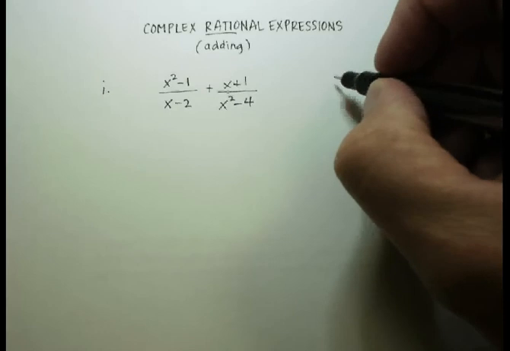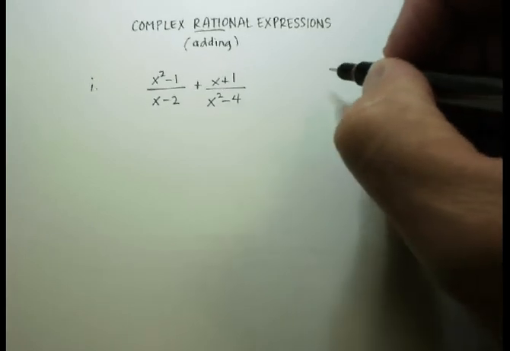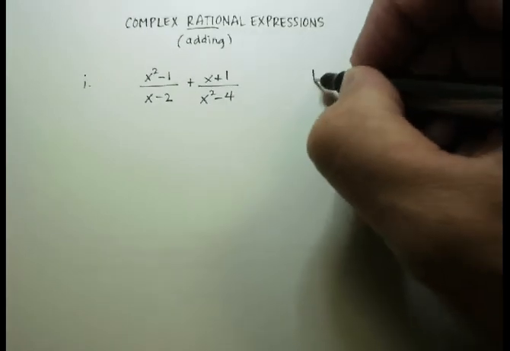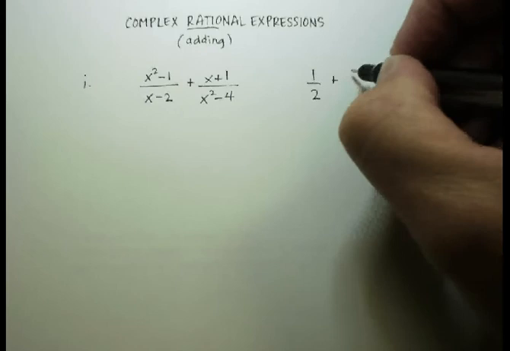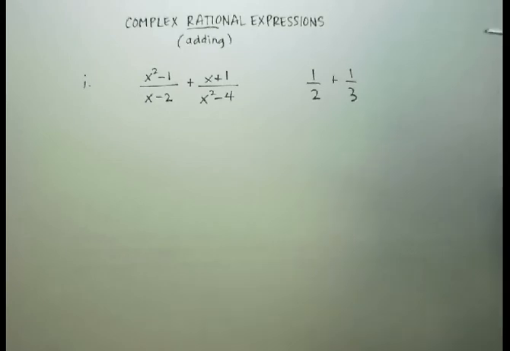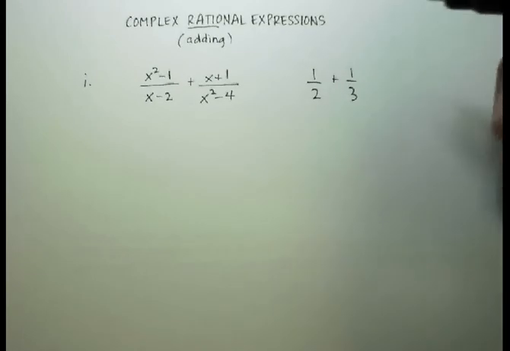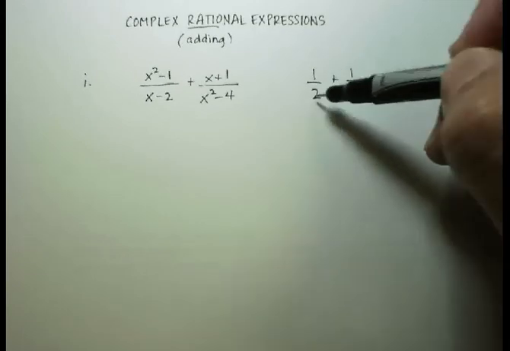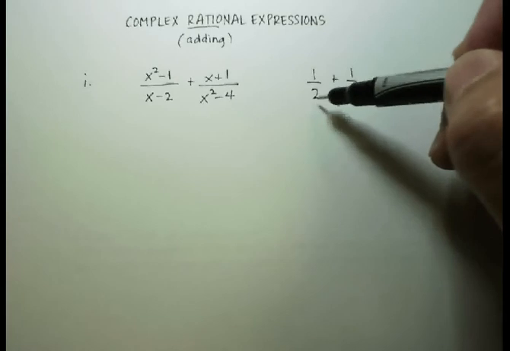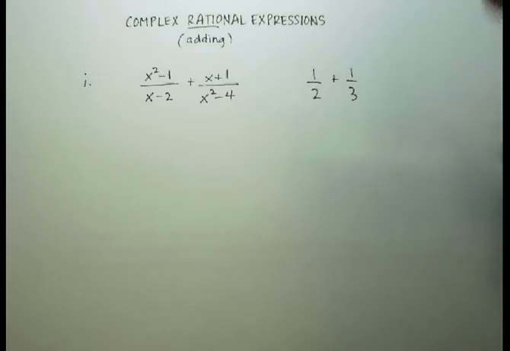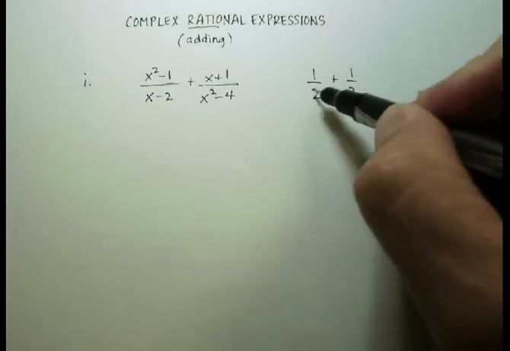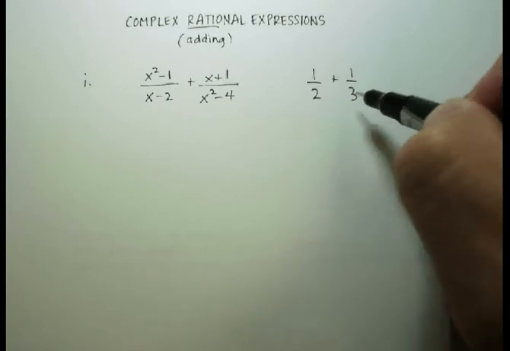Let me put a simple problem here off to the side to give you a demonstration. If I were to add 1/2 plus 1/3, how would you do that? Well, you'd look at the two denominators and say, I'd have to find a common denominator, wouldn't you? So the common denominator that 2 and 3 both go into is 6.